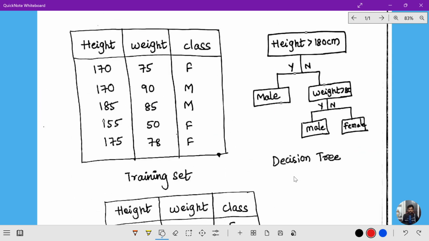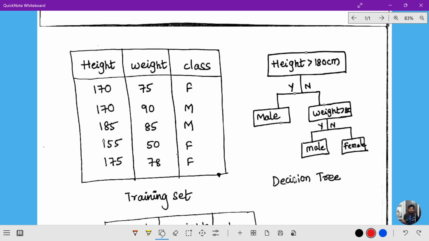So let us see one more example for more clarification. You can observe on the screen, there is a table. This table has 3 attributes. The first attribute is height, the second attribute is weight, and the third attribute is class. Now what is the meaning of this table?